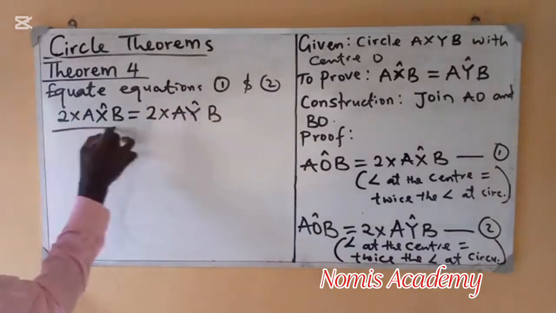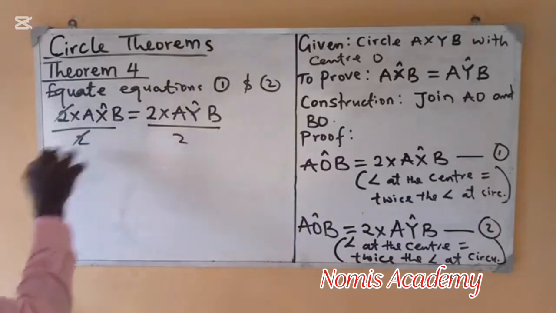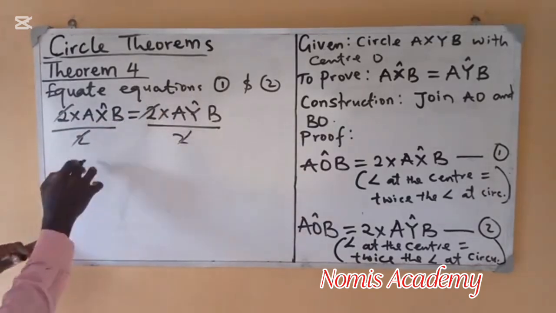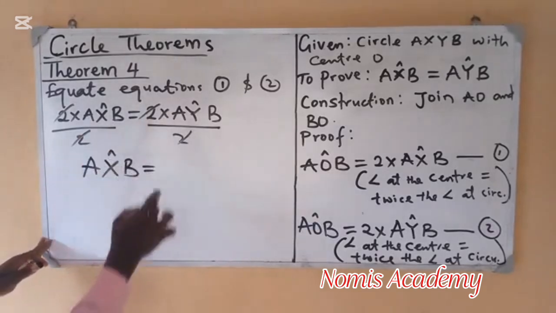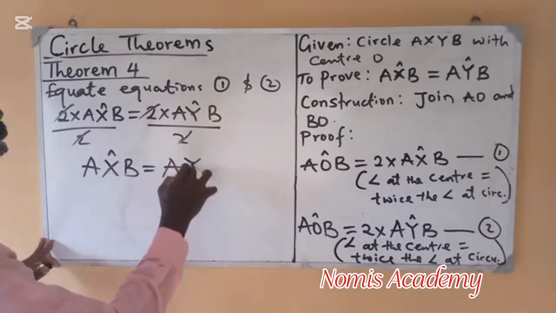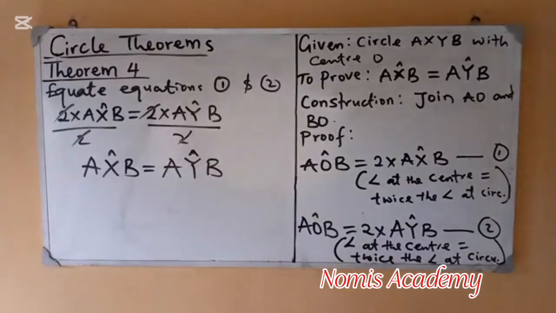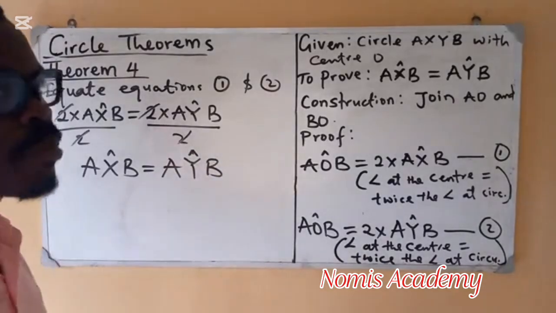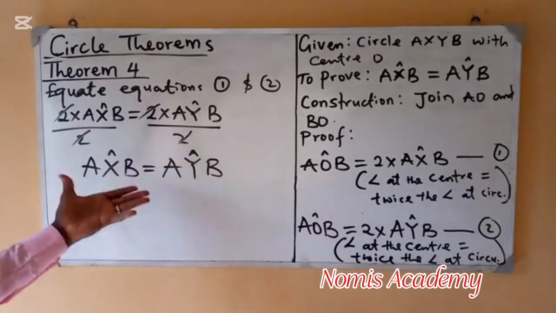So divide both sides by 2. So you can see that 2 cancels 2. So we are left with AXB is equal to AYB. So the angles formed at the same segment of a cycle are equal, as proven.